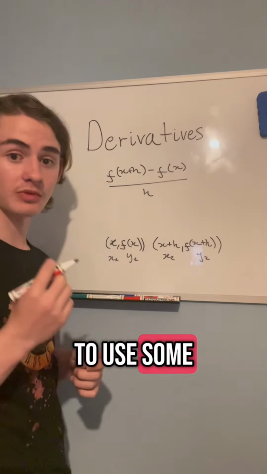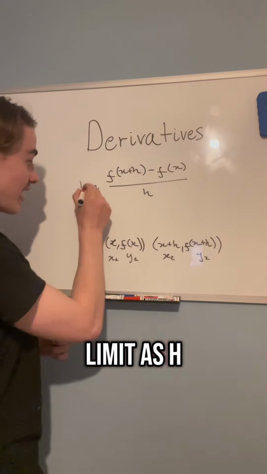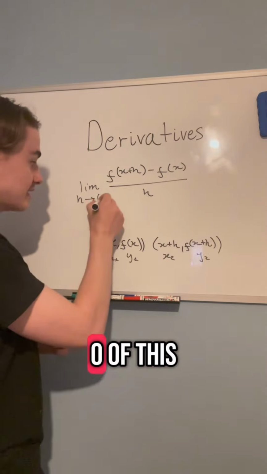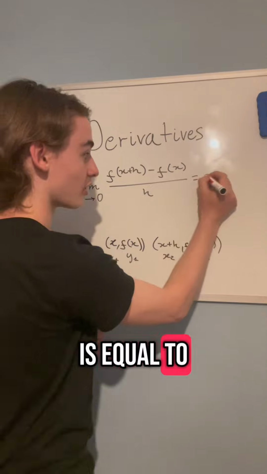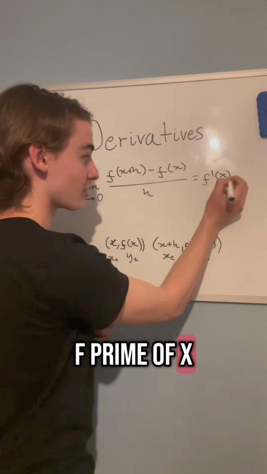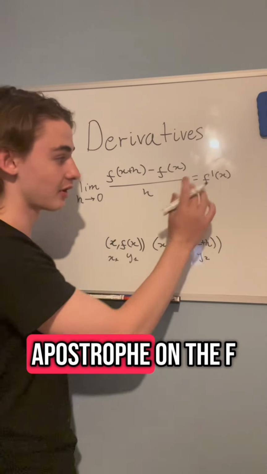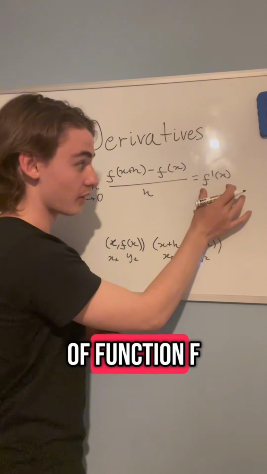So we're going to use some new notation called the limit. We're going to write it like this. Limit as h approaches, denoted by an arrow, 0 of this is equal to f prime of x, which we call the first, because there's one tick, apostrophe, on the f, the first derivative of the function f of x.